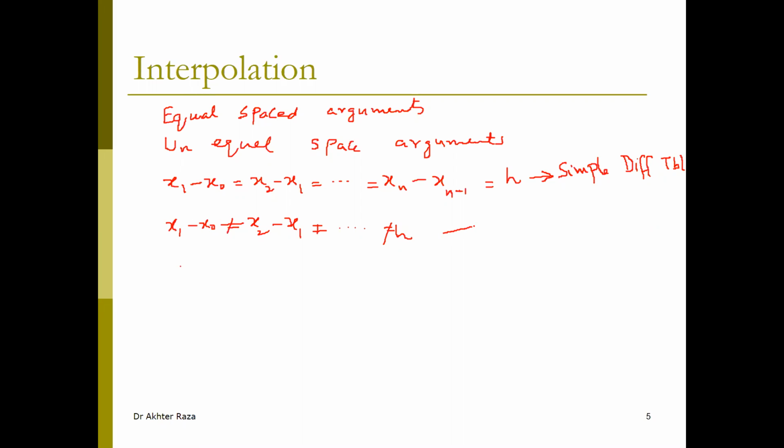For unequal arguments, we need a divided difference table. How these tables are constructed, I am going to demonstrate, starting with a simple difference table.